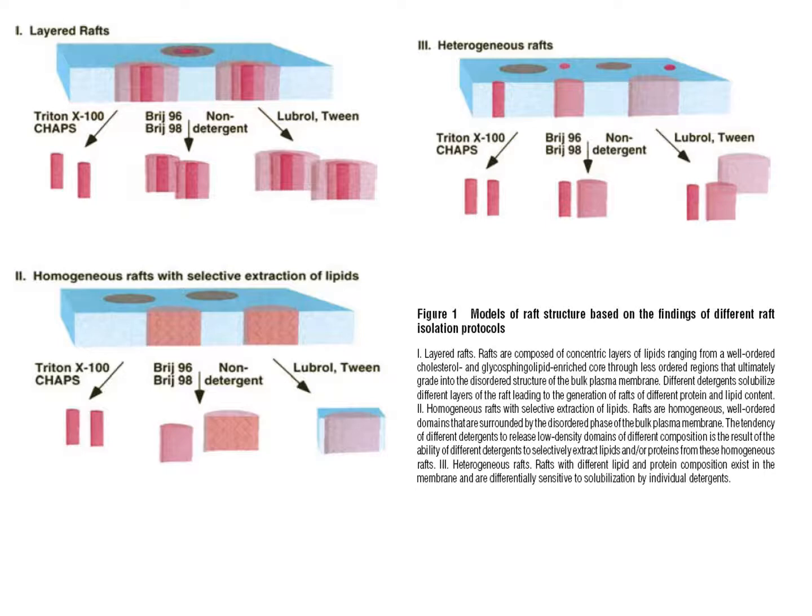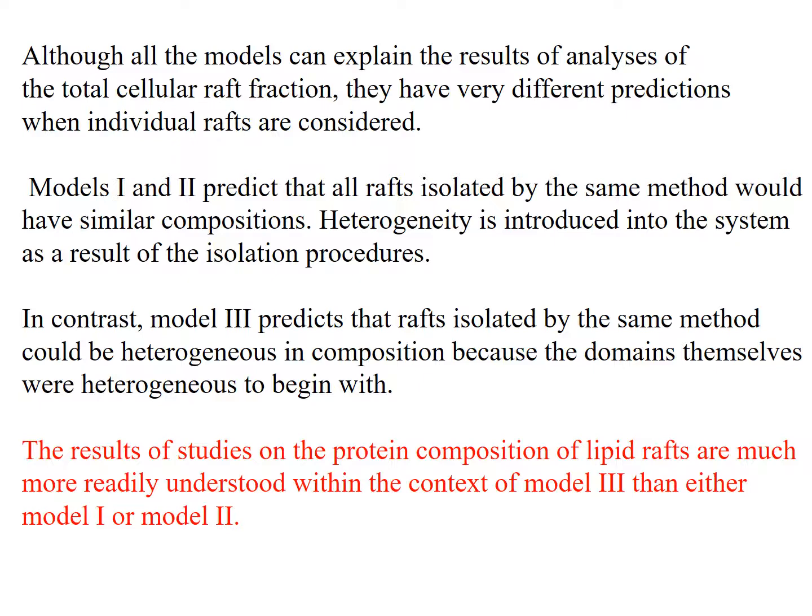And when you do the Tween, you can find one, two, three, maybe even more types of lipid rafts. So these were the three models. So when they actually looked at all the purification, turns out that when they broke apart the proteins in the rafts, it's model 3, which is the heterogeneous, rather than either model 1 or 2.